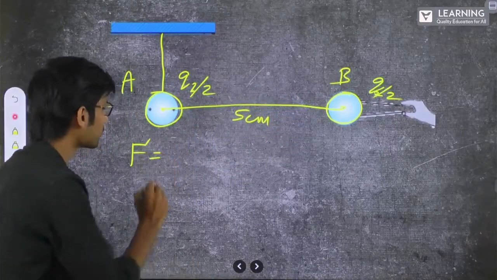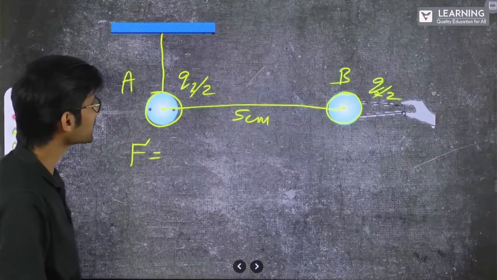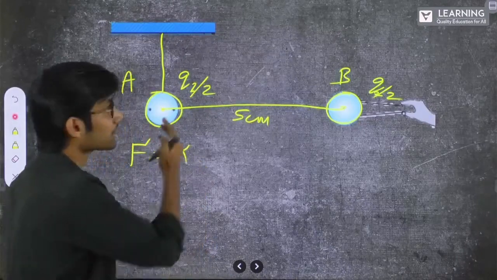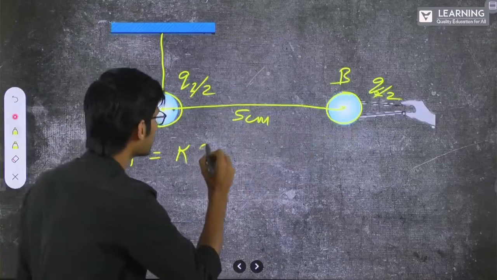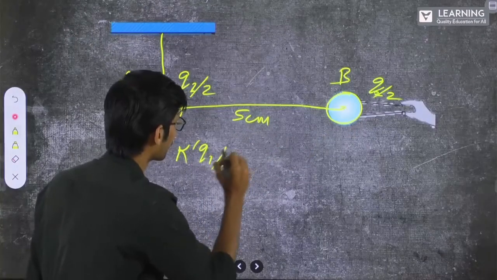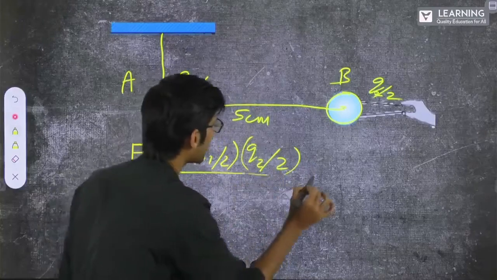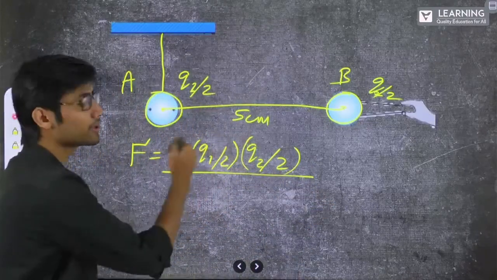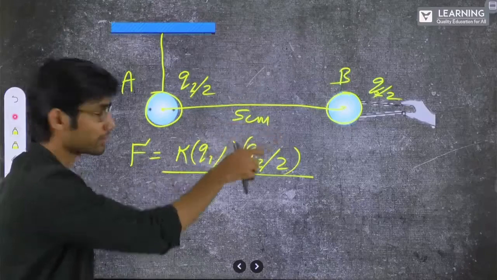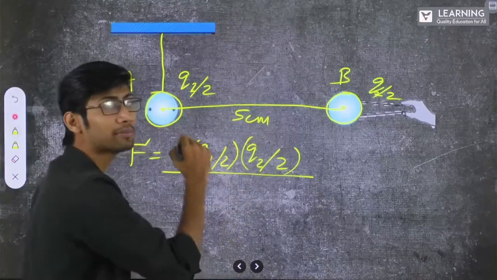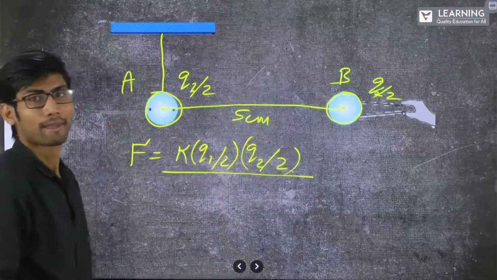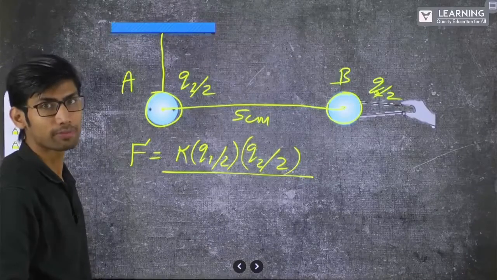So F dash is equal to K, product of both the charges Q1 by 2 into Q2 by 2, divided by the square of the separation between them, that is 5 centimeter, which means 0.05 meter.